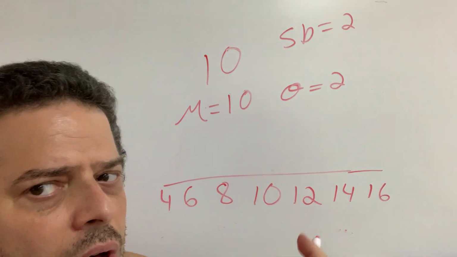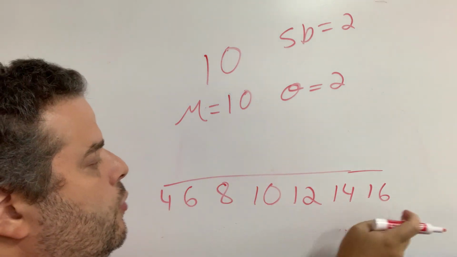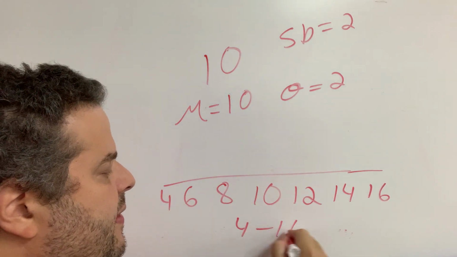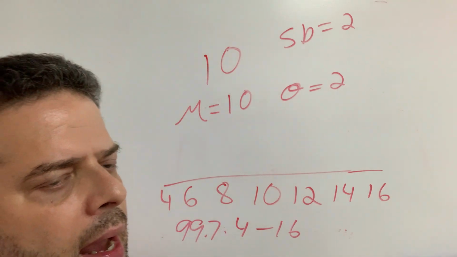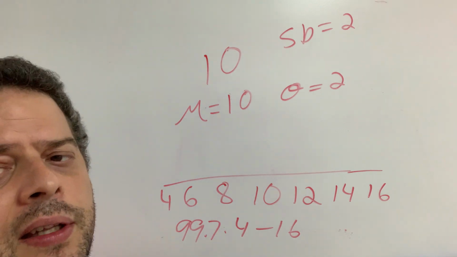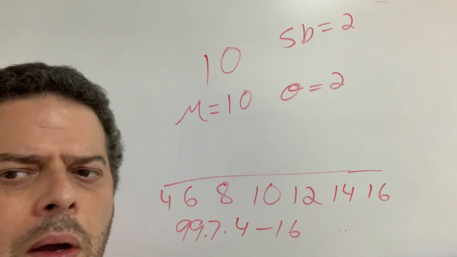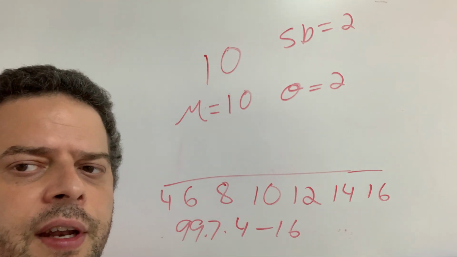And almost all values, 99.7%, should fall between 4 and 16. We will discuss in tomorrow's video how to calculate the area under these curves, but it's pretty straightforward as well. So that's it for today. Take care.